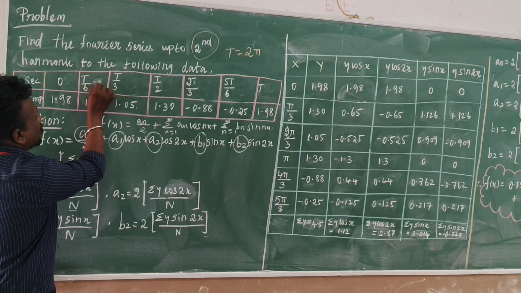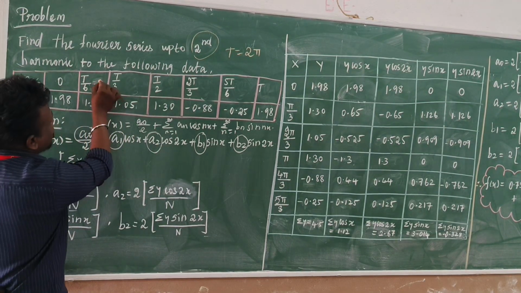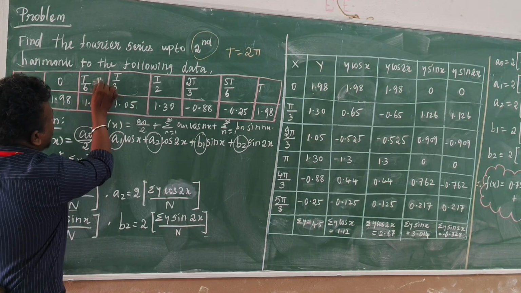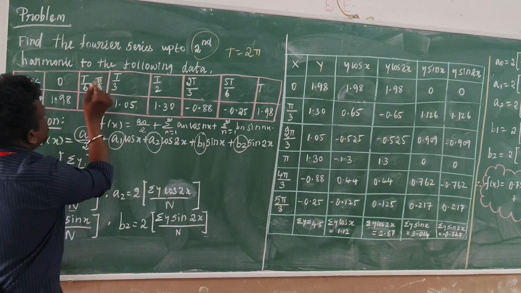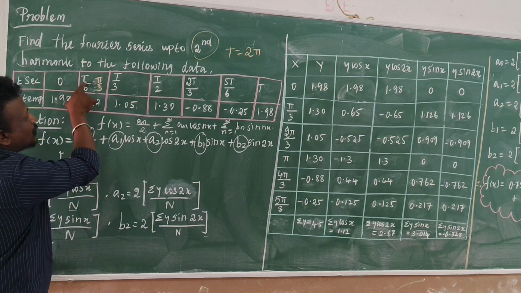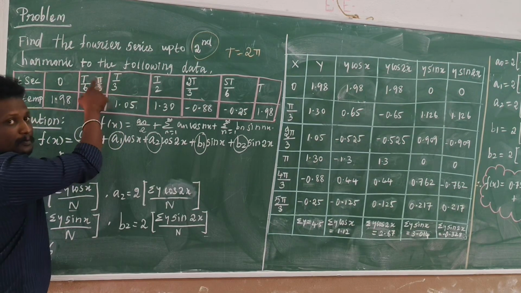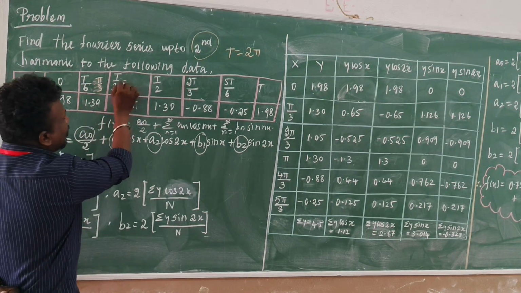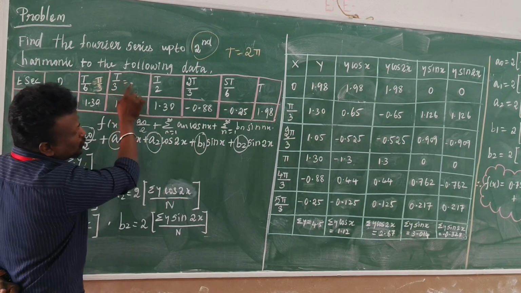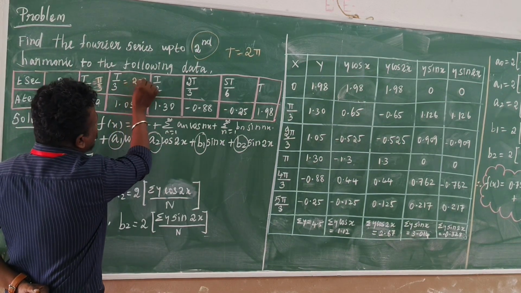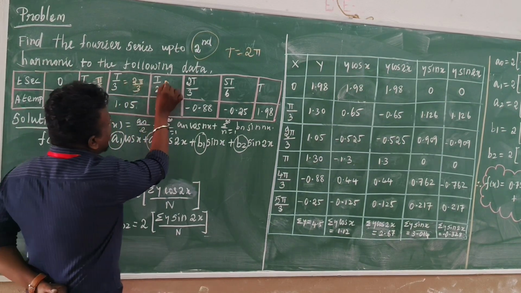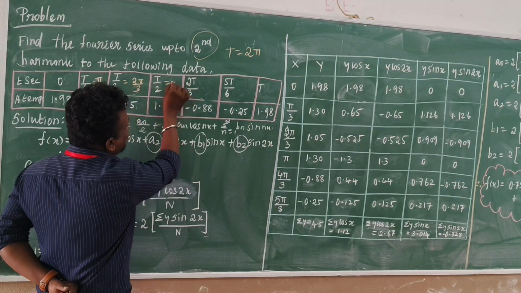So here t is equal to 2 pi. After simplification, it becomes pi by 3, right? When you put t is equal to 2 pi, 2 and 6 can be cancelled, then it becomes pi by 3. Similarly, here after substituting t is equal to 2 pi, you will get 2 pi divided by 3, where the 2 will be cancelled, so it is pi.